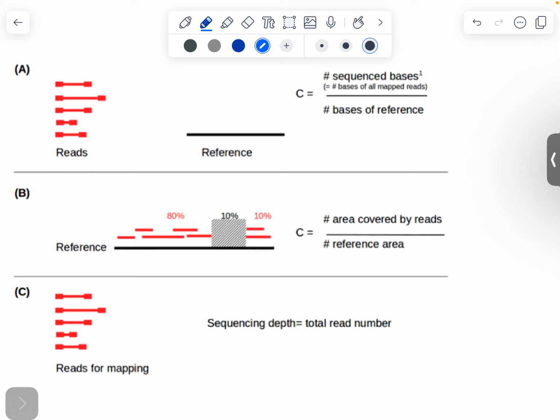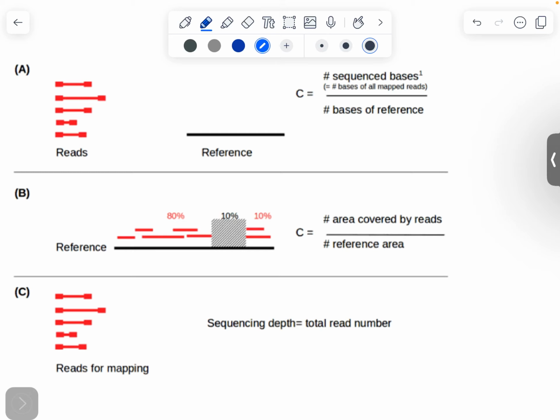Coming to coverage, why don't we find reads for a particular region of the reference genome? Because genomic DNA contains some repetitive sequences. When this region is sequenced, it produces reads like any other area of the genomic DNA.